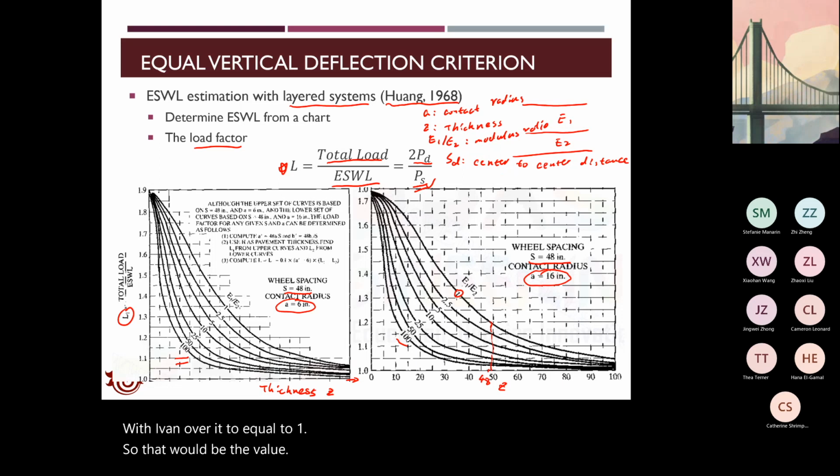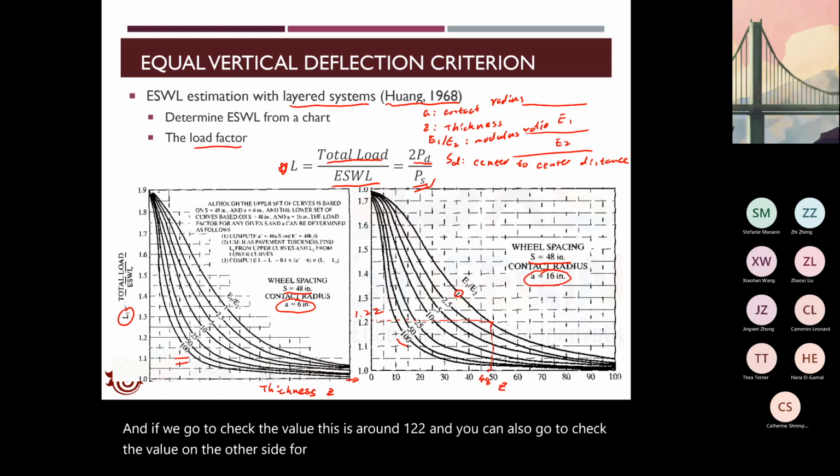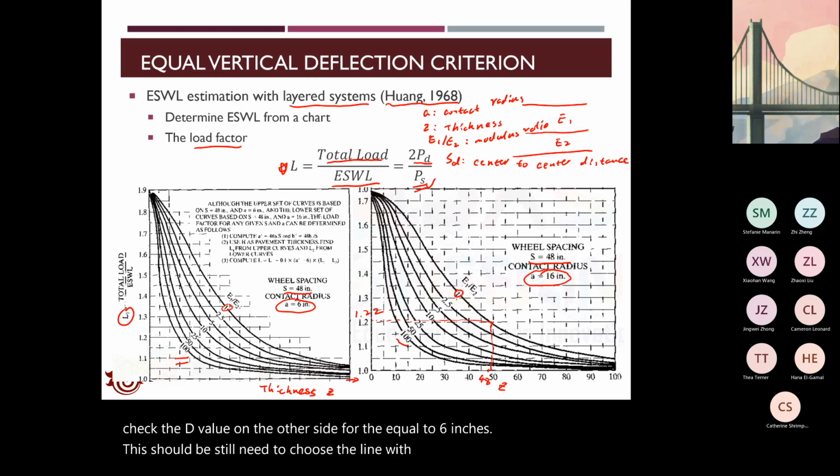That will be the value around this point. And if we go to check the value, this is around 1.22. And you can also go to check the value on the other side for A equal to 6 inches. Still you need to choose the line with E1 over E2 equal to 1.